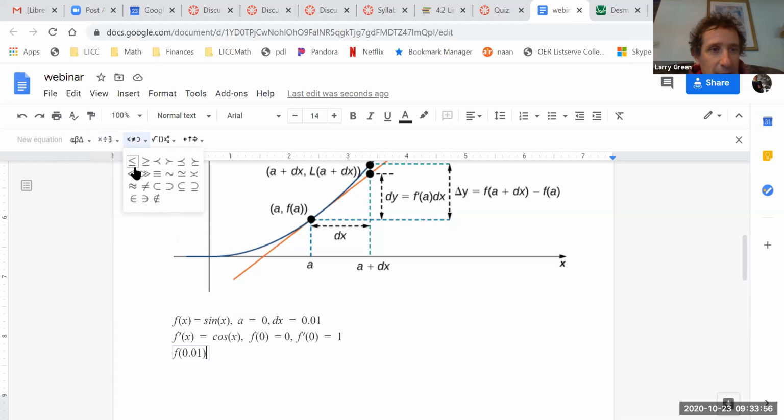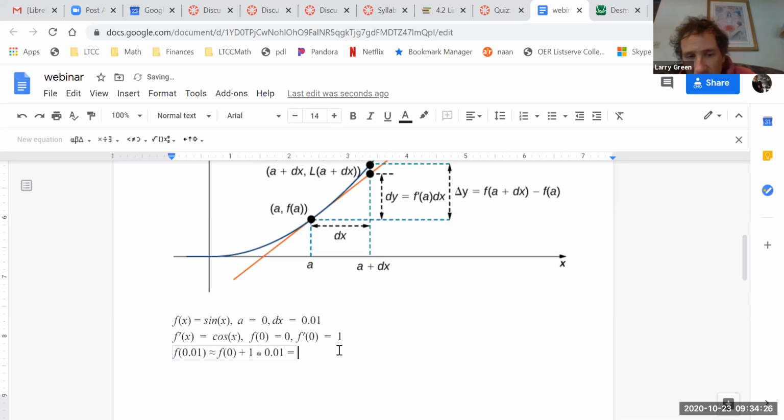But what we can do is get it approximately. So f of 0.01 is going to be approximately f of 0 plus 1 times 0.01, because delta x is 0.01, or dx. And that, of course, is 0.01.